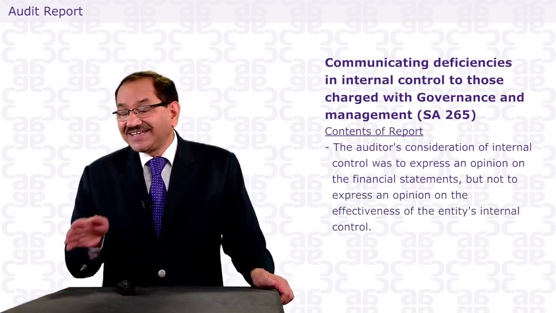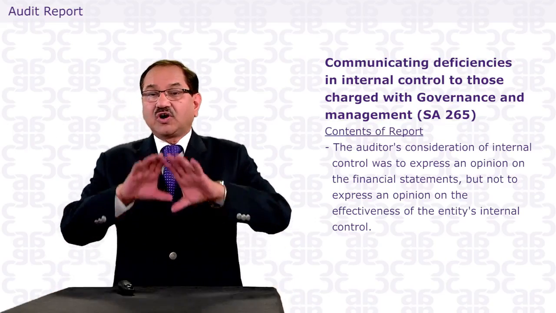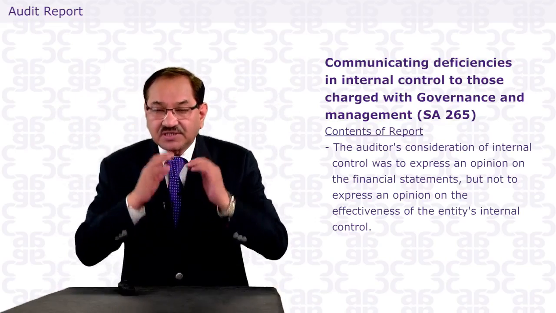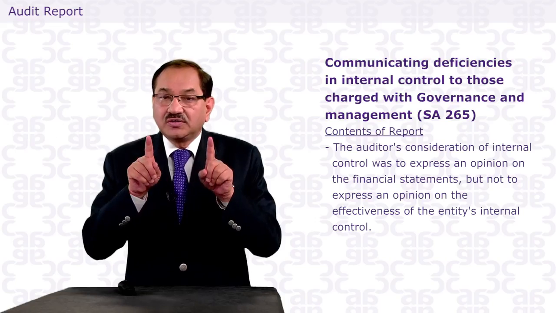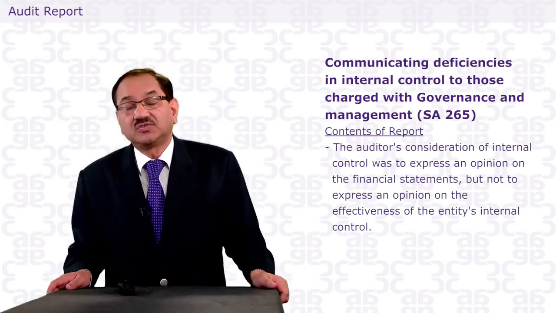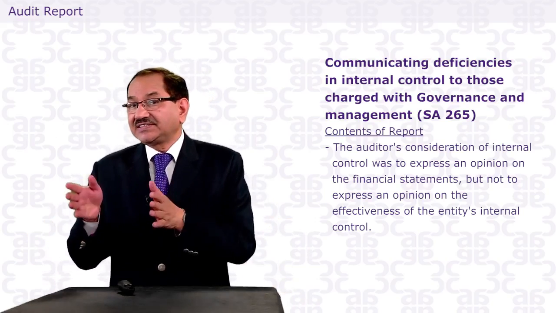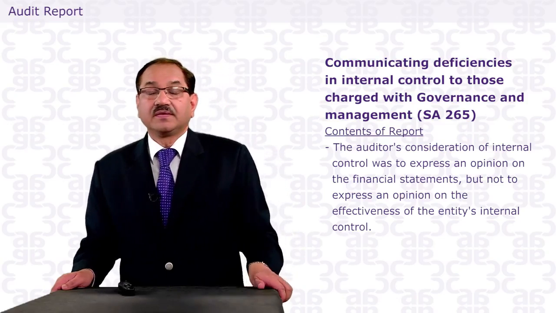Dear student, it is clearly written in SA 700, in the auditor's report, what the auditor's responsibility is. The auditor's responsibility is not to report on the operating effectiveness of the internal controls. It is written in the SA 700 format of reports.